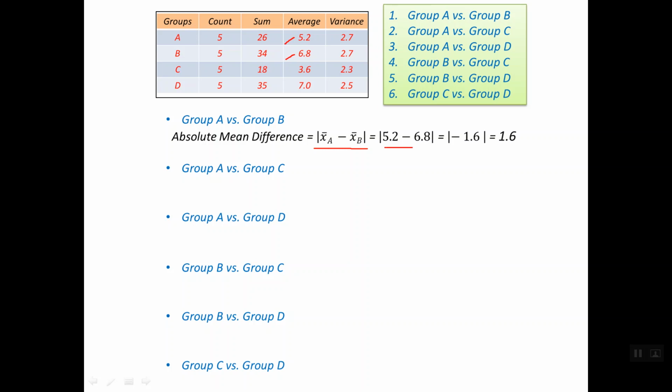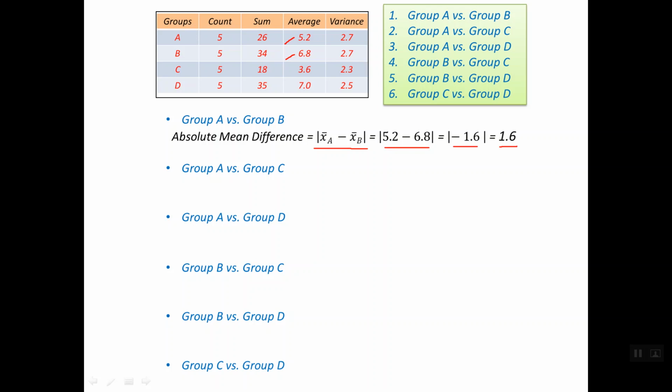So the absolute value of 5.2 minus 6.8 is the absolute value of minus 1.6. And always in mathematics, the absolute value of a negative number is the positive one. So 1.6.